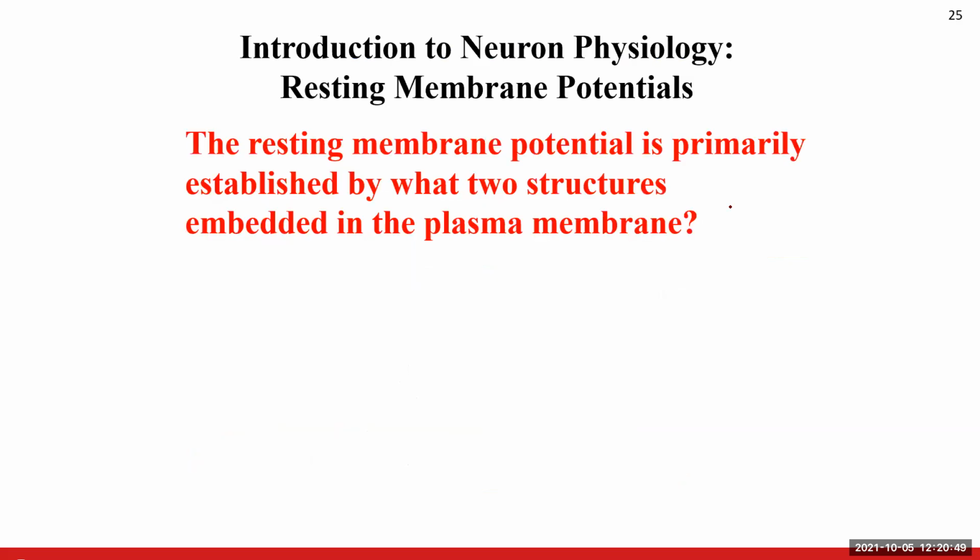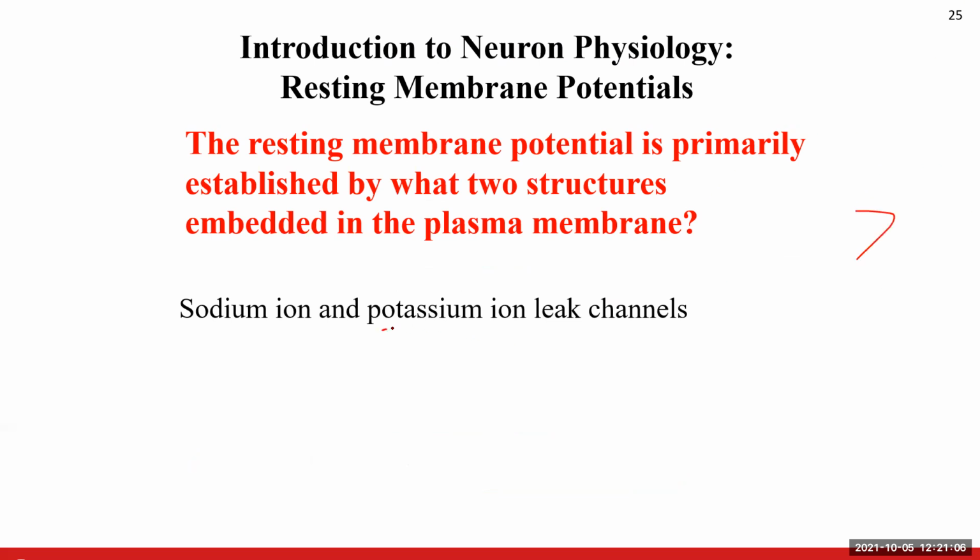So the resting membrane potential is primarily established by what two structures embedded in the plasma membrane? Sodium ion and potassium ion leak channels. Primarily, though, it's going to be the potassium ion leak channels that play a large role in that.